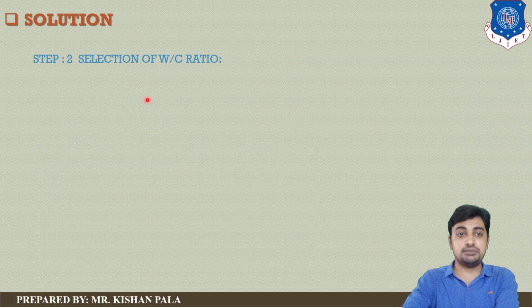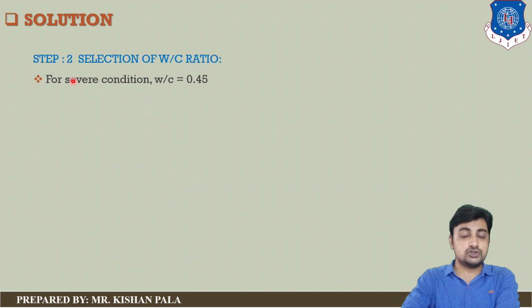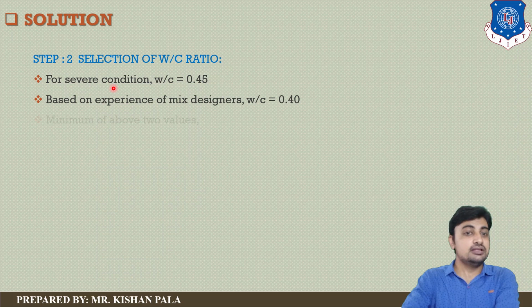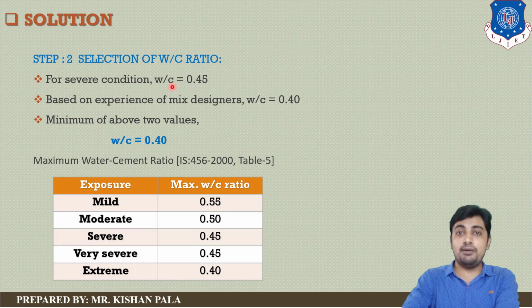So let us discuss the second step, to finalize the water cement ratio. Based on the data, we have to take the severe condition, and for the severe condition, we have to take the water cement ratio 0.45, and you can refer to this table. For the severe exposure condition, you can take 45 percentage water cement ratio.